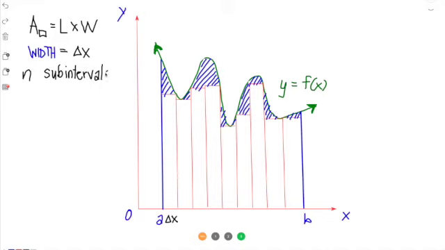And this n is determined by n would just be equal to the measurement of b minus a, divided by delta x.